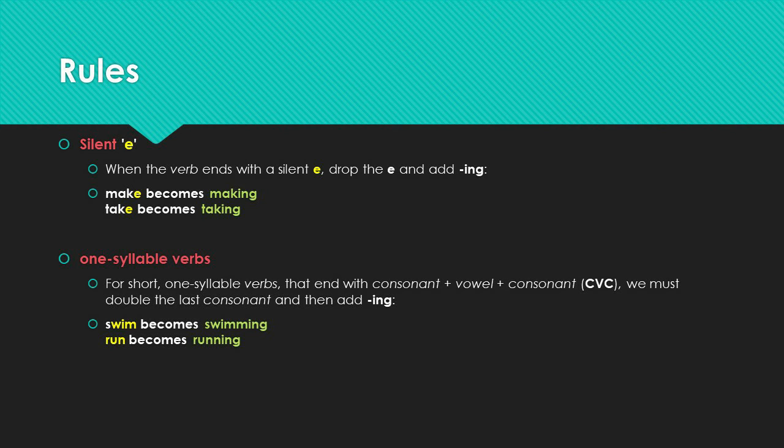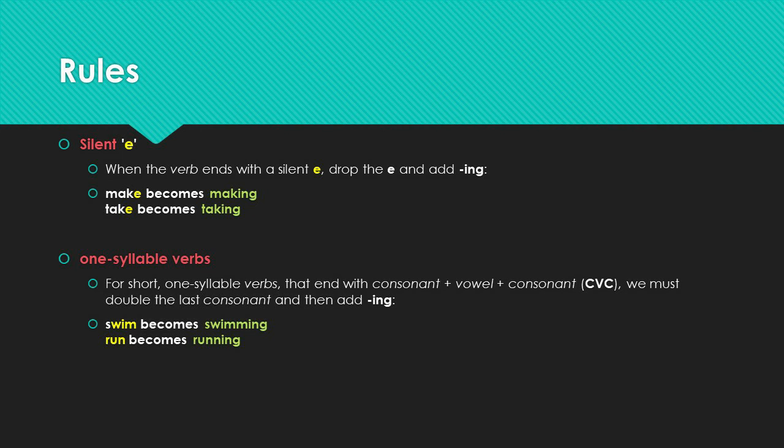So now it becomes swimming, but the rule says that if the verb ends with consonant, vowel, consonant, we need to double the last consonant and add ing. That's the reason that now we write swimming with a double M, right?